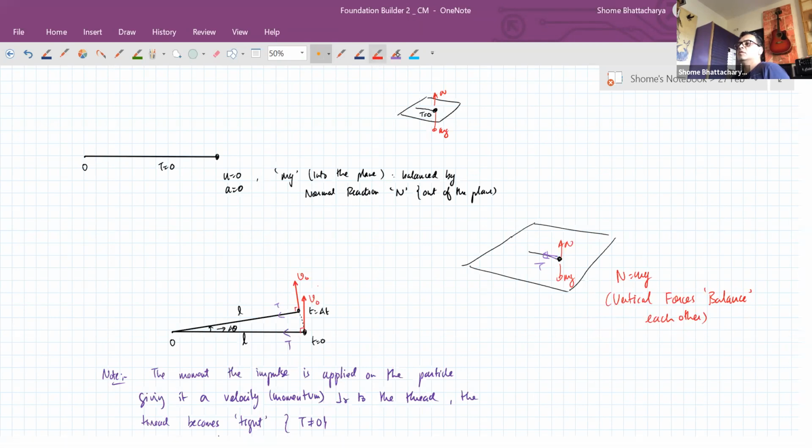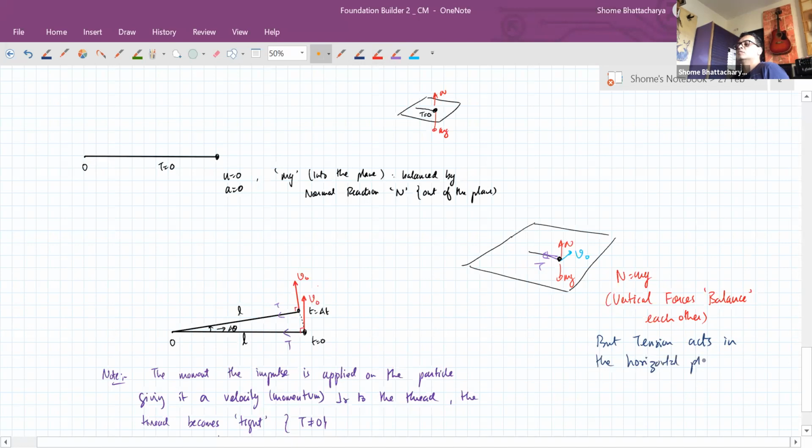But along with that, tension acts in the horizontal plane, always perpendicular to the velocity and pointing to the center.